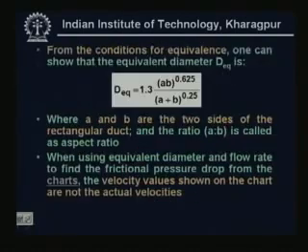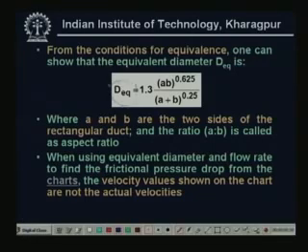If you apply the condition for equivalence, you can easily show that the equivalent diameter D subscript eq of a rectangular duct is given by this equation. D subscript eq is equal to 1.3 into (AB) to the power of 0.625 divided by (A plus B) to the power of 0.25, where A and B are the two sides of the rectangular duct.